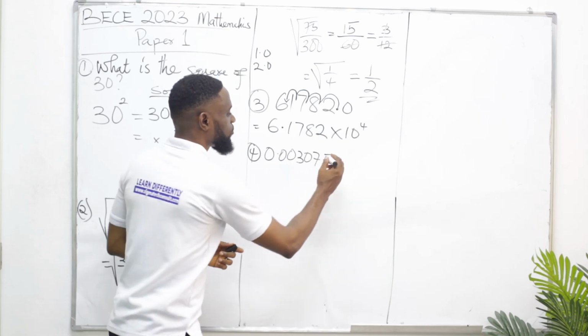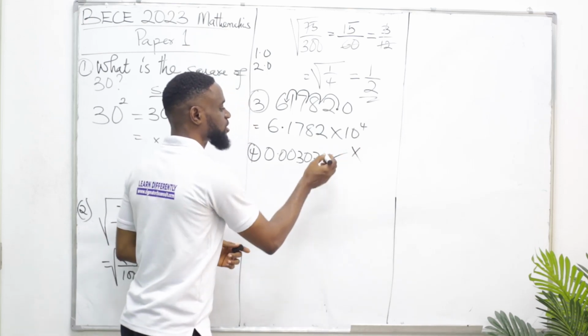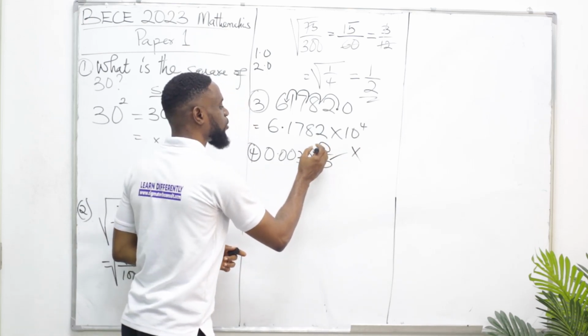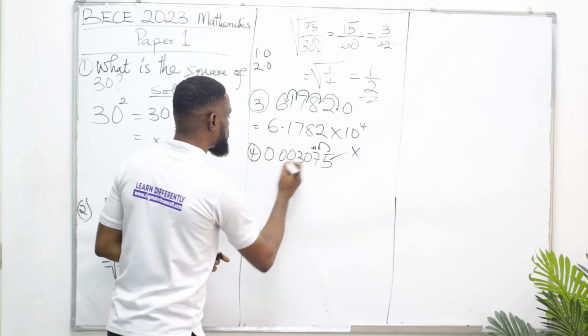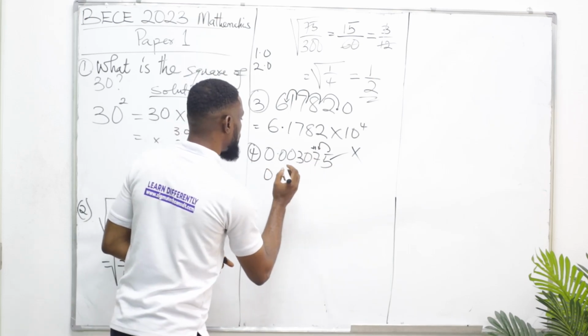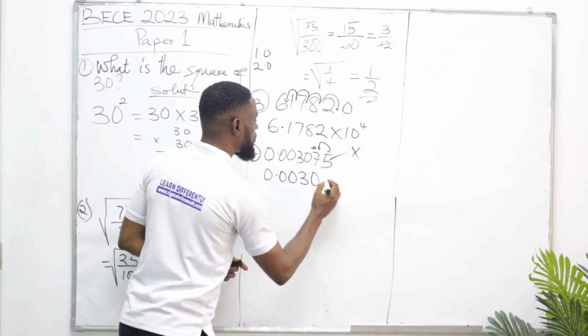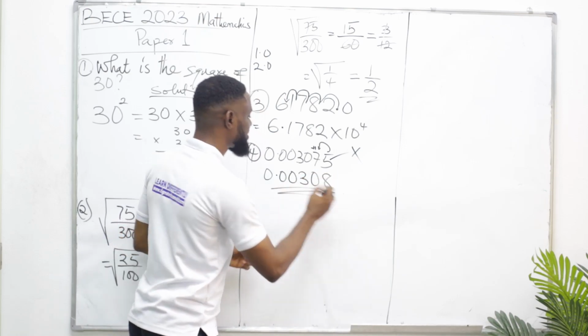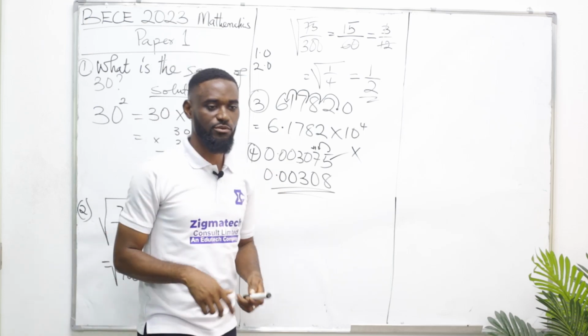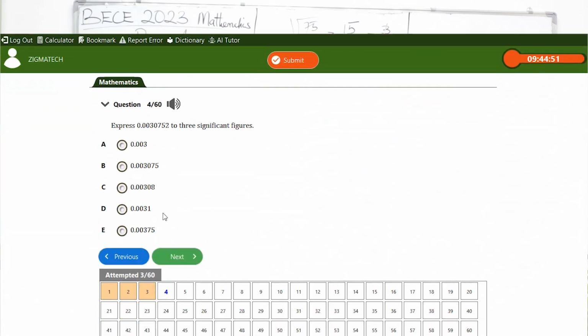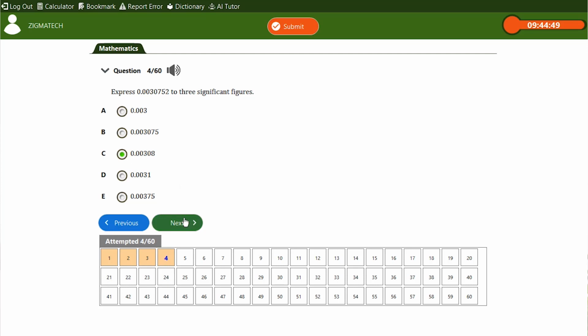So 5 will go off, but it will add plus 1 to 7, so that this number will now be 0.00308. So this is now 3 significant figures. All right, so the answer is C. Option C is the correct option.